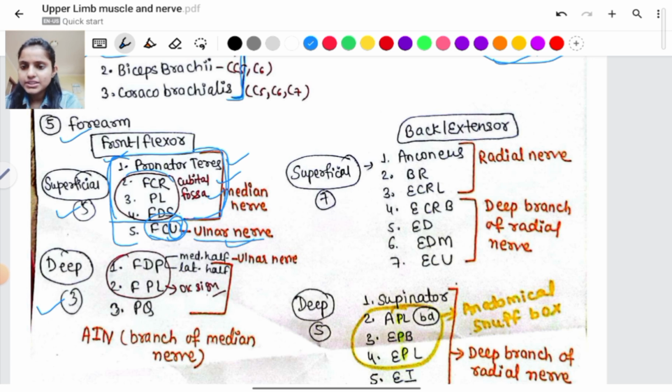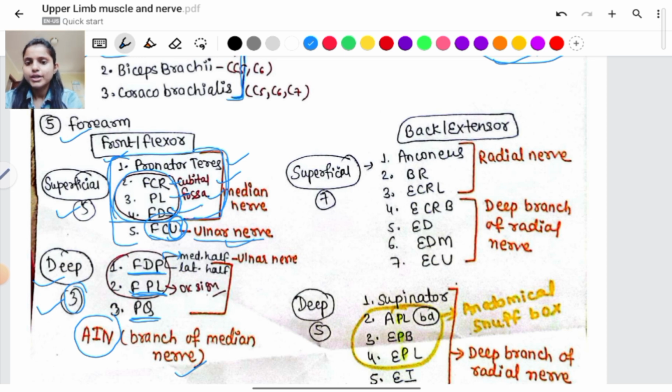These 3 muscles are components of the cubital fossa: flexor carpi radialis, palmaris longus, and flexor digitorum superficialis. In the deep compartment, it has 3 muscles: flexor digitorum profundus, flexor pollicis longus, and the pronator quadratus. All are supplied by the anterior interosseous branch of the median nerve, except the medial half of flexor digitorum profundus.